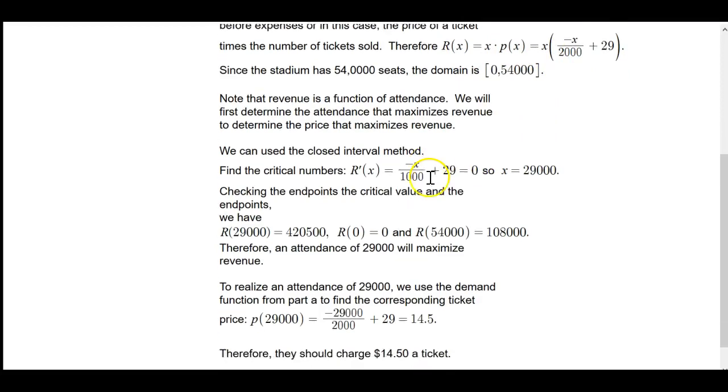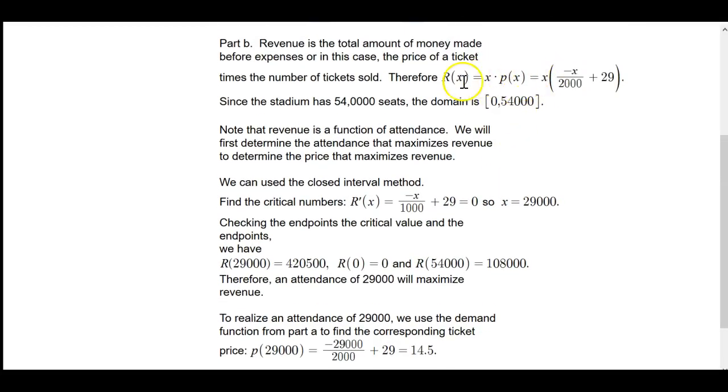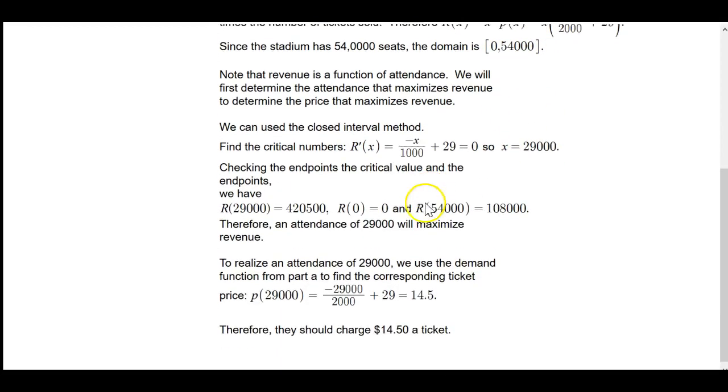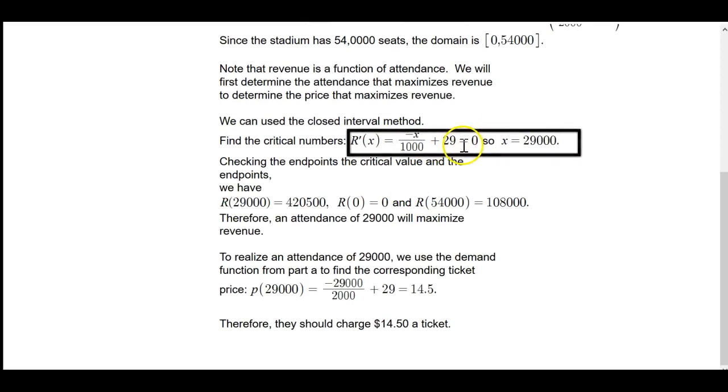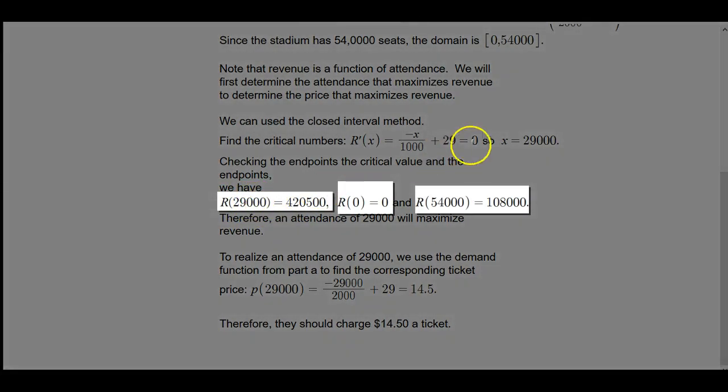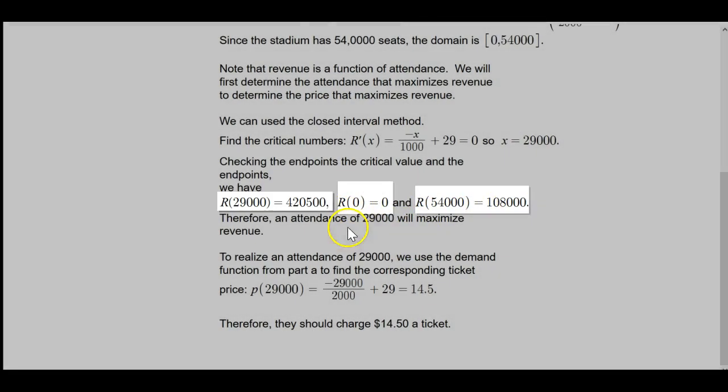So to find the critical numbers, we take the derivative of the revenue function and set it equal to 0. And solving R prime of X equals 0 gives us a value of 29,000. Since I have a closed interval, I'm going to use my revenue function and check the value of the revenue at 29,000 and also at the endpoints of that interval.